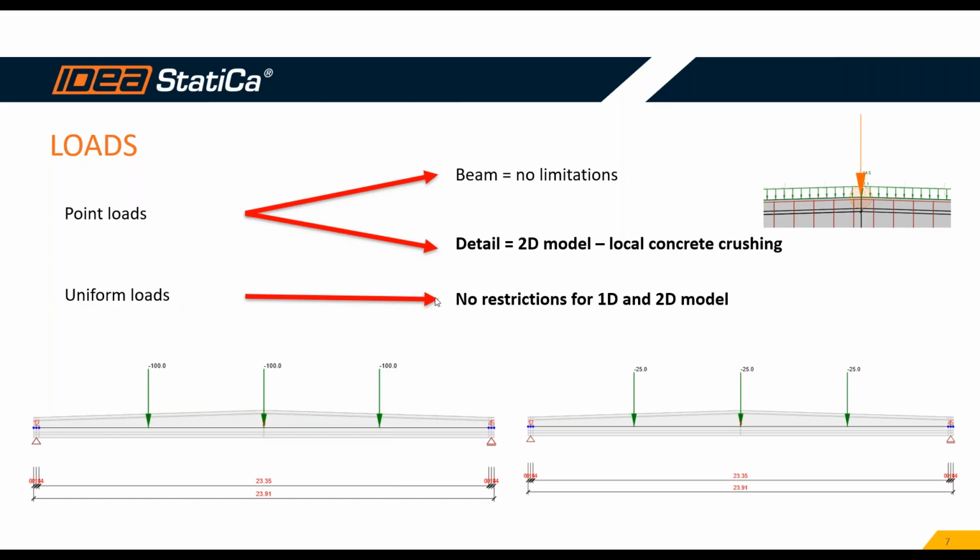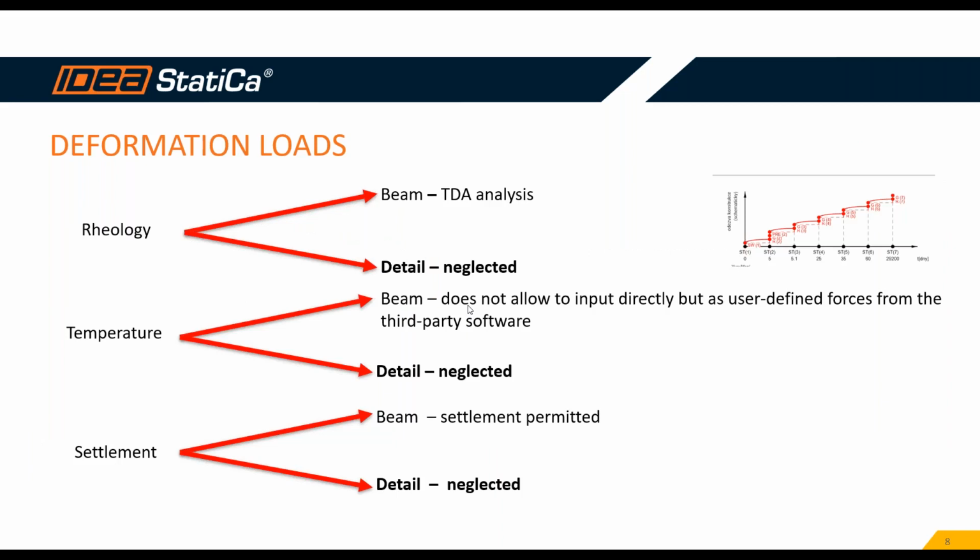For uniform loads, no restrictions for the 1D and 2D model. Everything is fine. Some other types of loads, like deformation loads, rheology, temperature, and settlement are neglected in the application detail. So please keep in mind that these internal forces or loads are not exported to the detail.